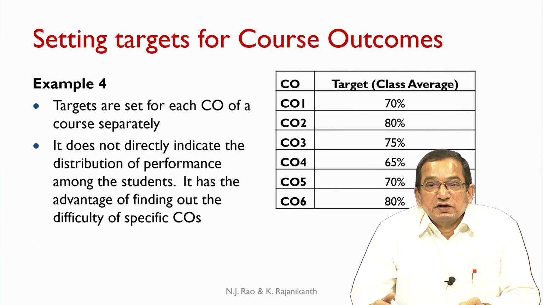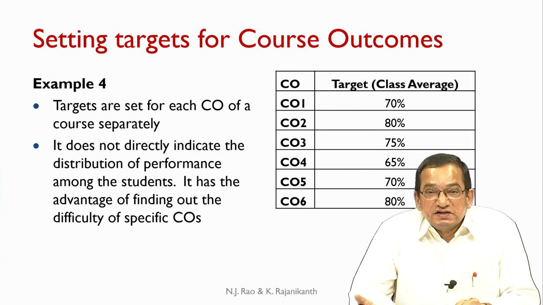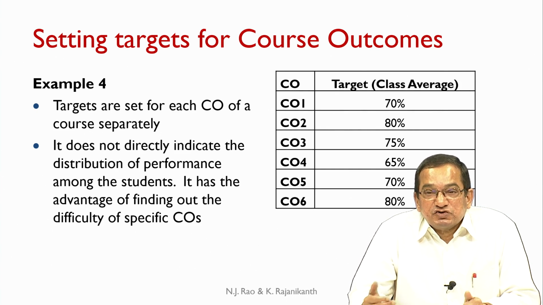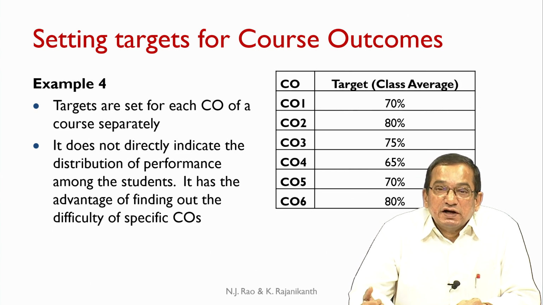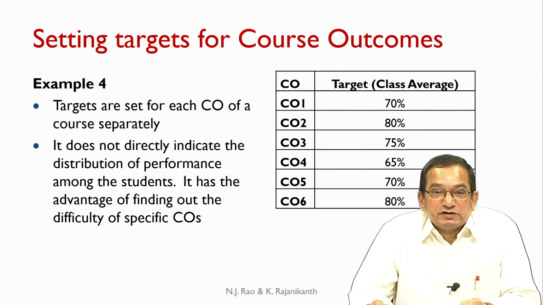This allows the instructor to set the target based on the nature of the CO, the instructor's perceived complexity of that particular CO, and the instructor's assumptions regarding the backgrounds of the students. Based on all these, the targets can be set for COs at different levels.